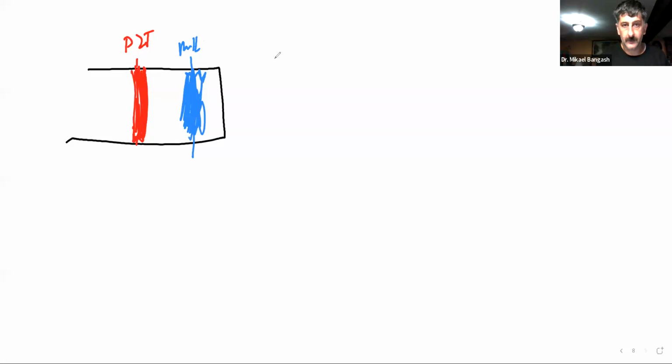And now, what was the main job of our matching layer going to be? Well, it is going to reduce the impedance of your piezoelectric material. But that mainly means that your matching layer has an impedance that is going to be lower than that of the PZT.